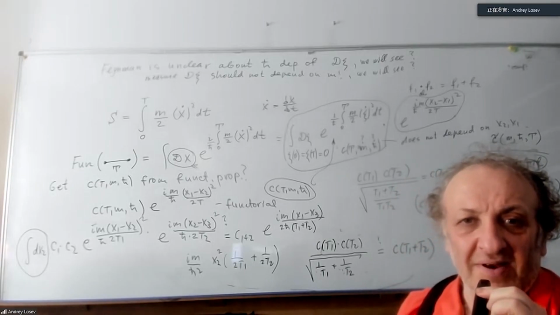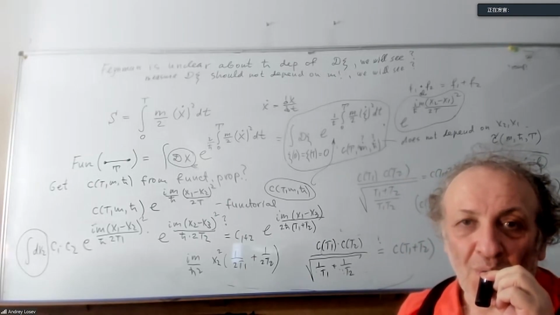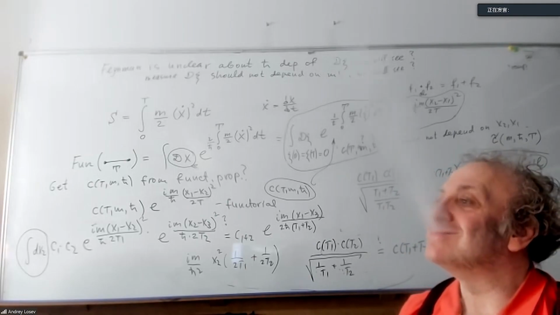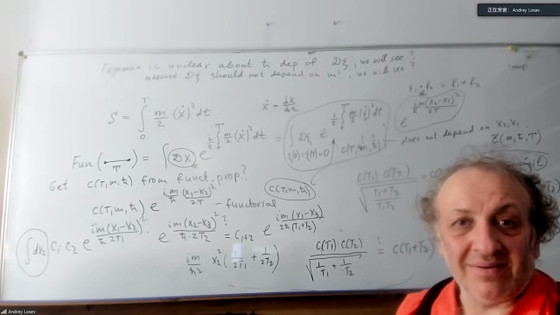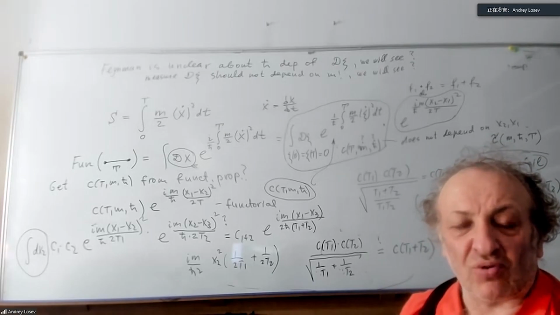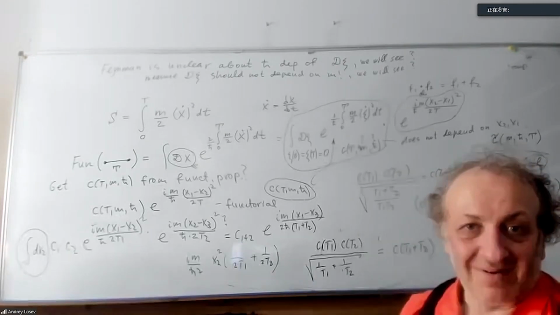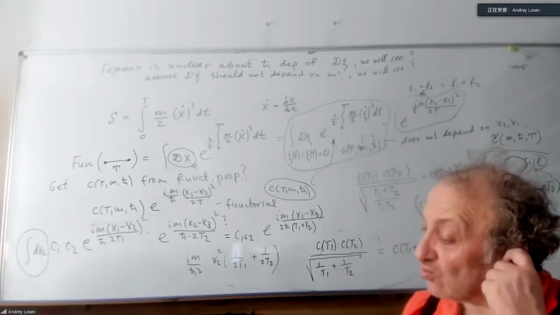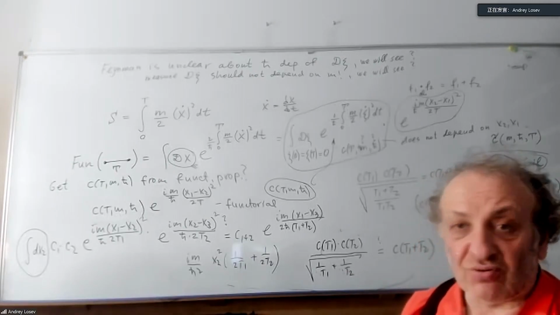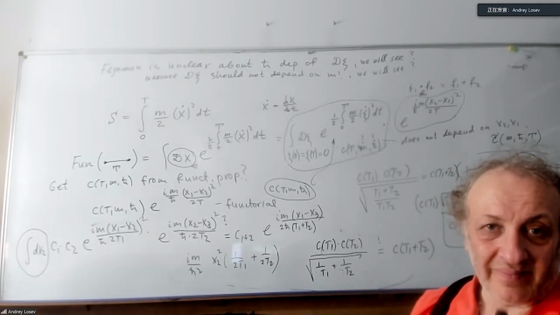No meaning, but a value. So what does it mean? It means that we are doing something wrong. Okay? And if we are doing something wrong, let us do it right.